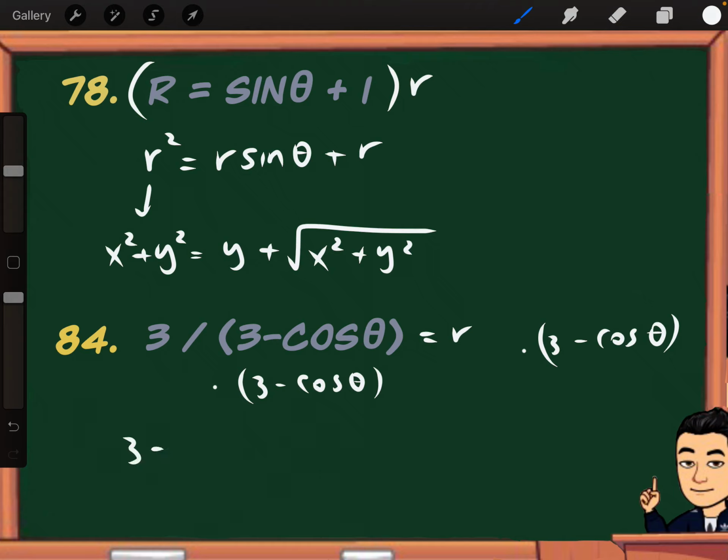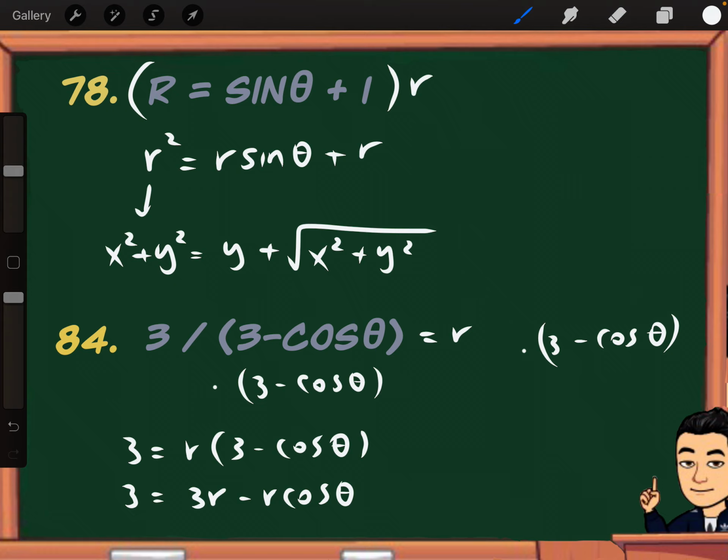Okay, so I have 3 equals r times 3 minus cosine theta. Okay, and then I'll just go ahead and distribute the r. So you got 3 equals 3r minus r cosine theta.